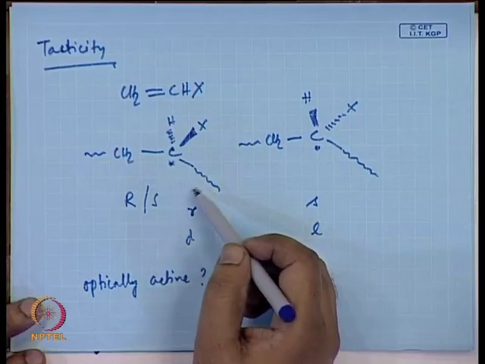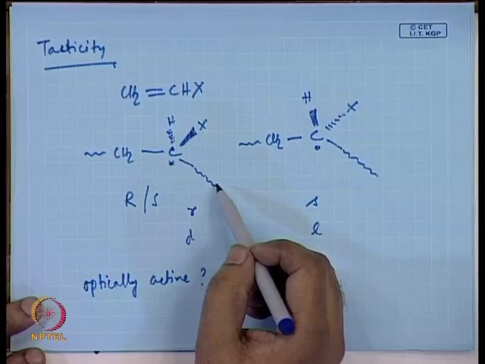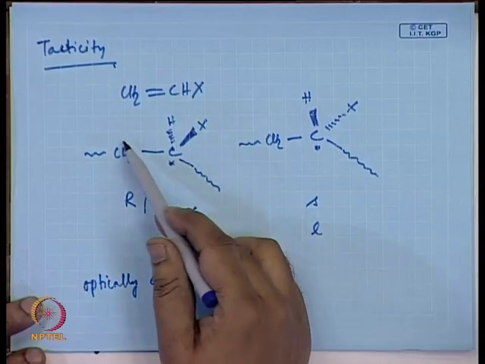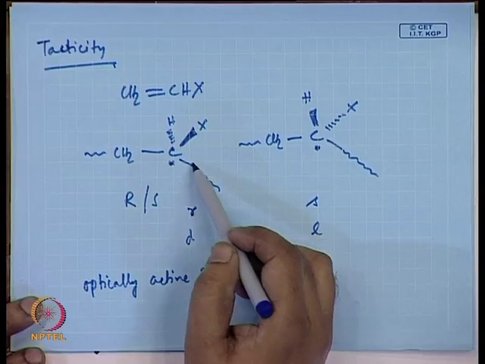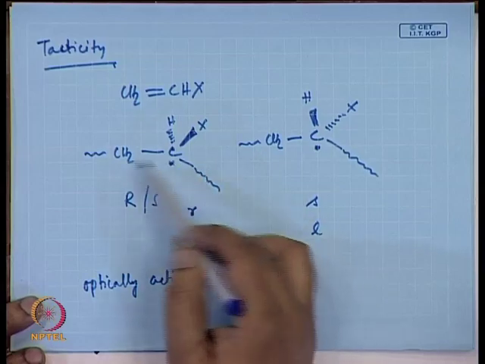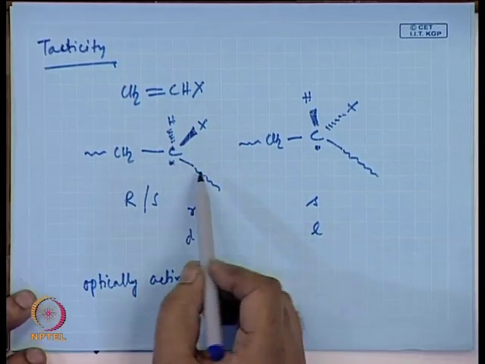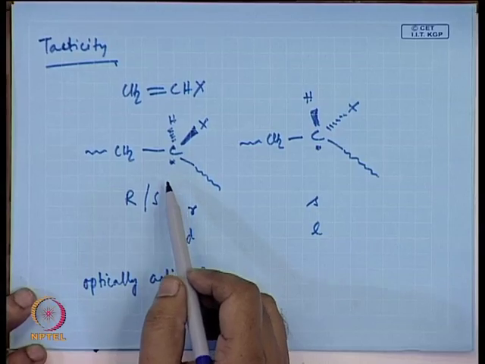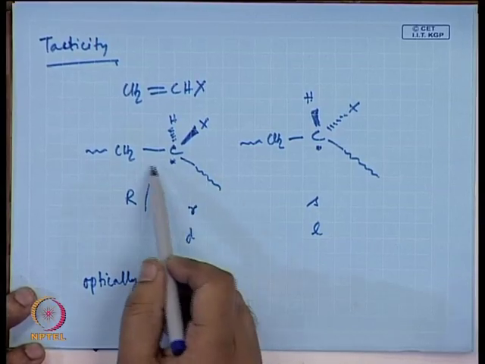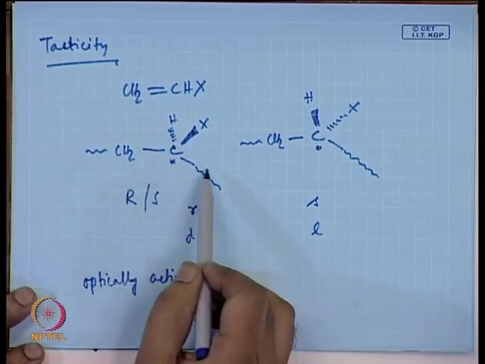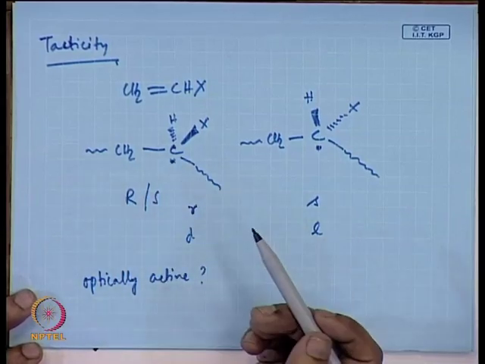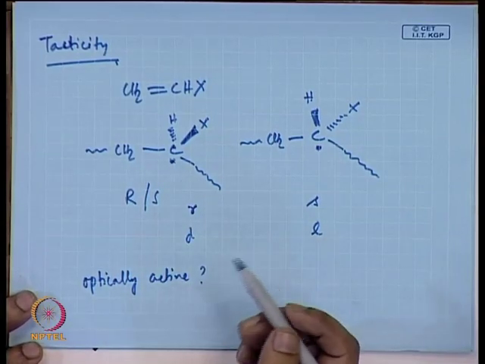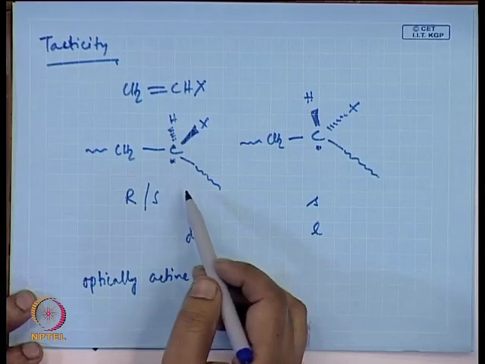Now, in a polymer there is hardly any difference between the first two groups or atoms in these two cases. So, though in the true sense it is a stereo center and a chiral molecule, because these are long molecules and the first few atoms are the same, they do not show any optical activity.